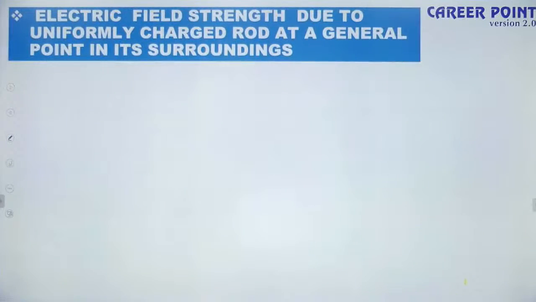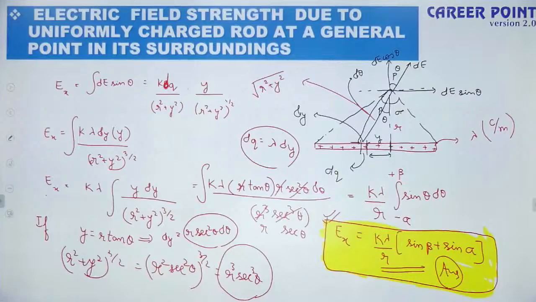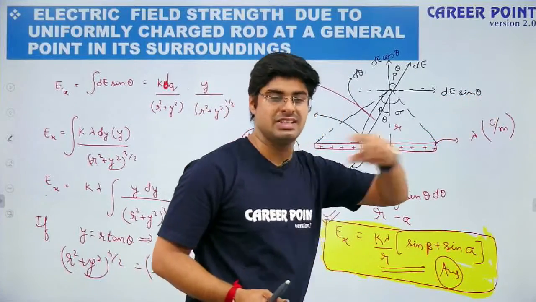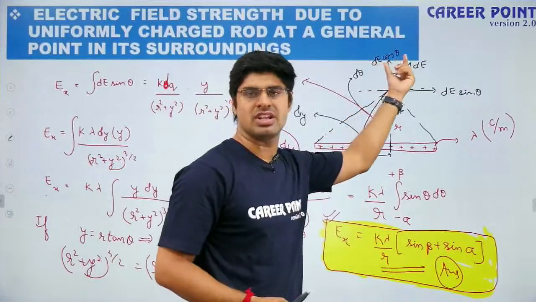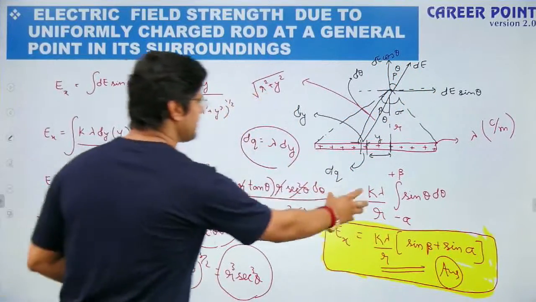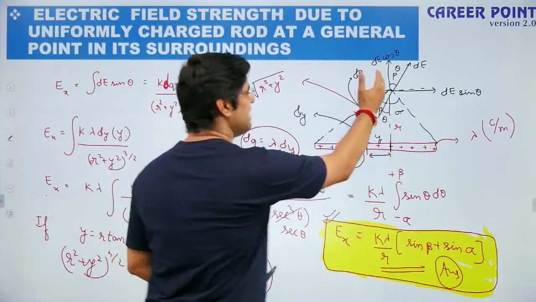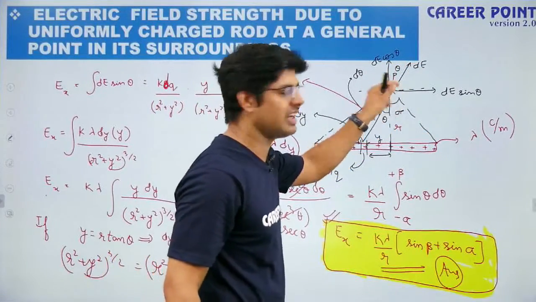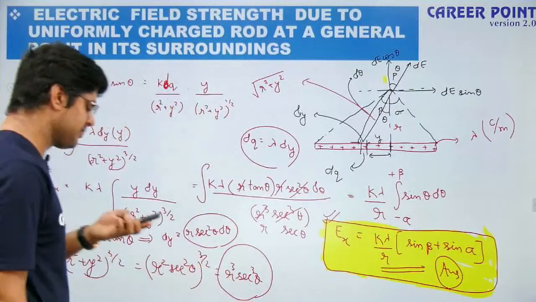What will be the case in case of y direction? See, one component we have integrated, that is dE sin theta. What about the component dE cos theta? If I integrate dE cos theta, that will give me the electric field due to this whole rod in y direction, at this random point P.